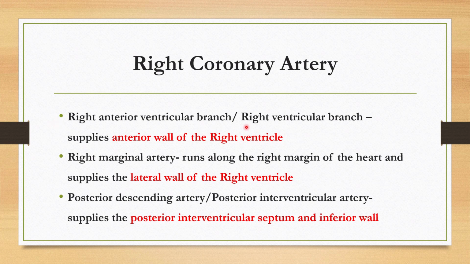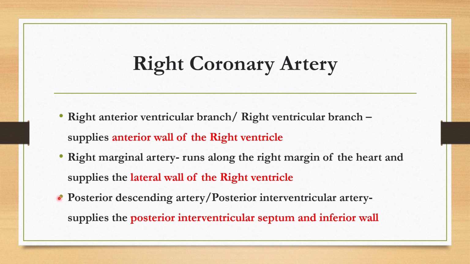The fourth one is the right anterior ventricular branch. It is otherwise known as the right ventricular branch, which supplies the anterior wall of the right ventricle. The next one is the right marginal artery. It runs along the right margin of the heart and supplies the lateral wall of the right ventricle. The last one is the posterior descending artery, otherwise known as the posterior interventricular artery.